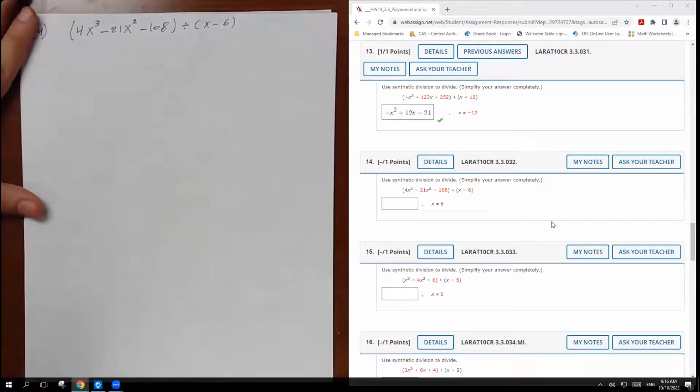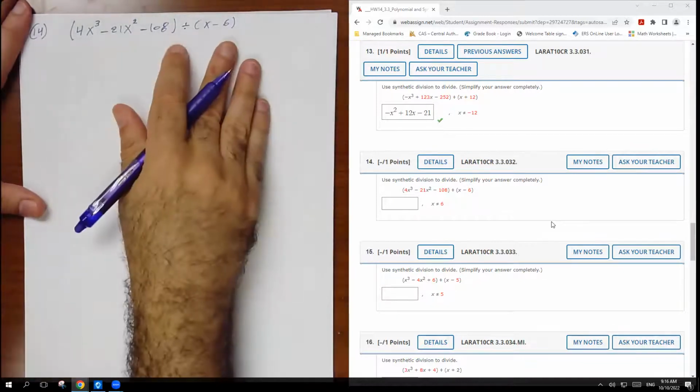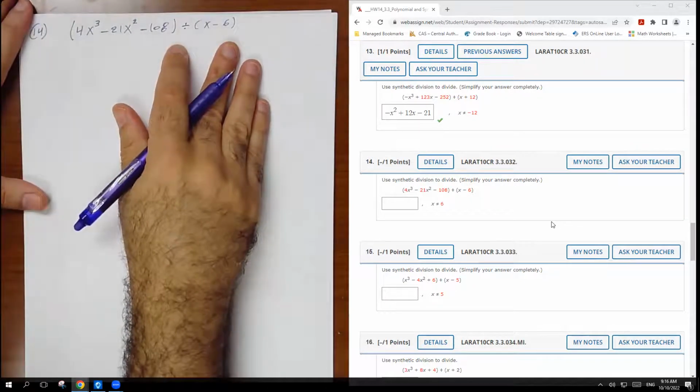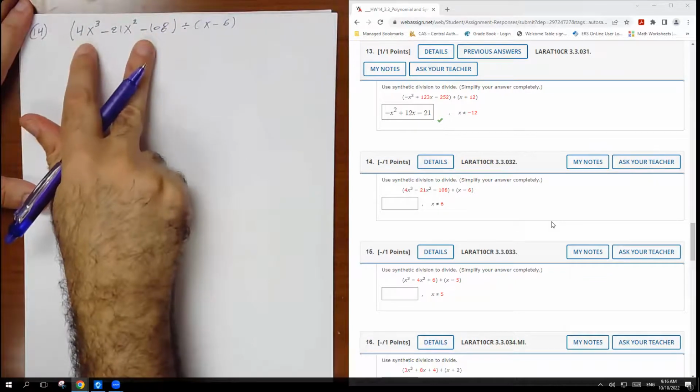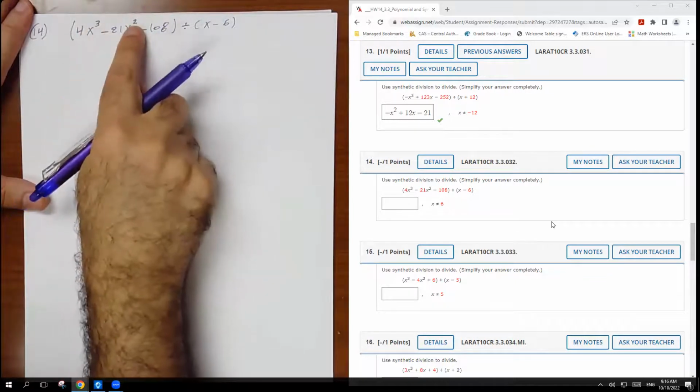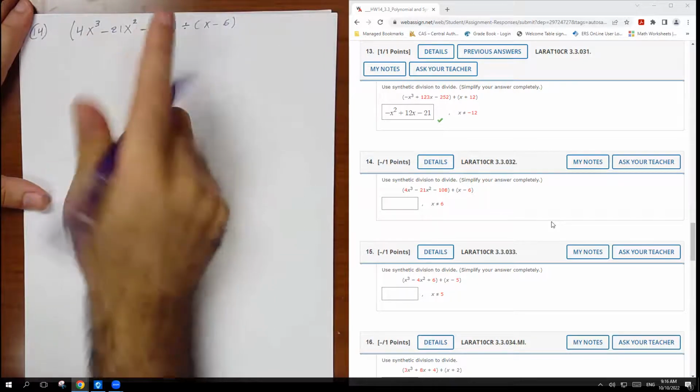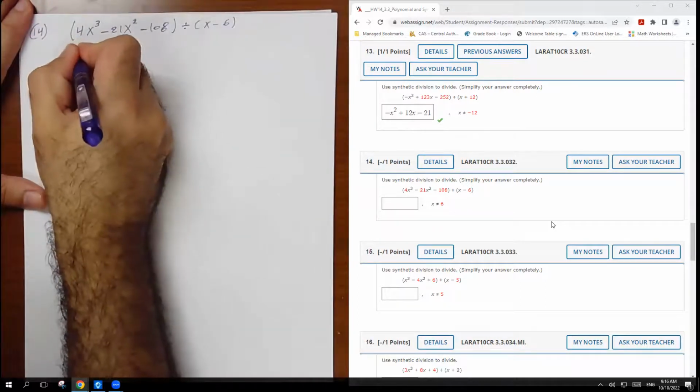So the first thing before I start dividing these two polynomials using synthetic division, let's check here. There's no other term with the x. So we have to write down the missing term.